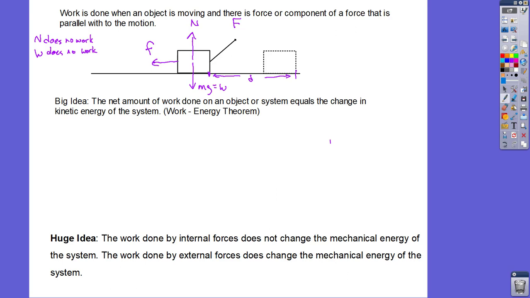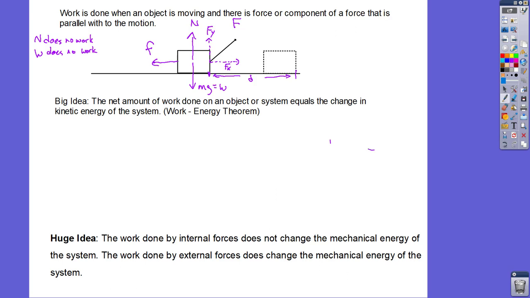If we look at the force F, F is causing it to move, but not every part of it. So we need to think of the components of F. There's an x component and a y component. Fy does no work, just like the normal force does no work.